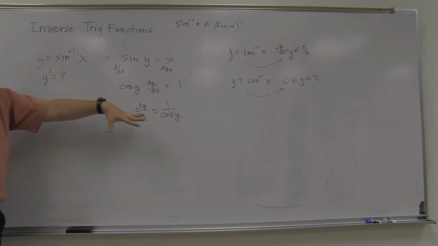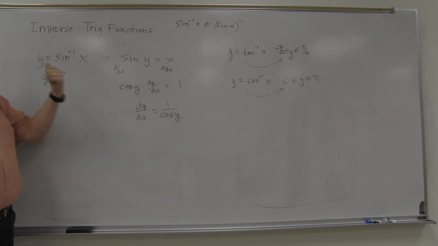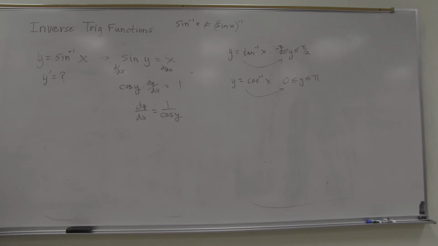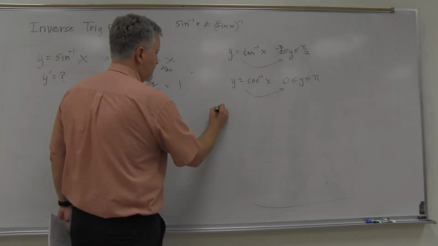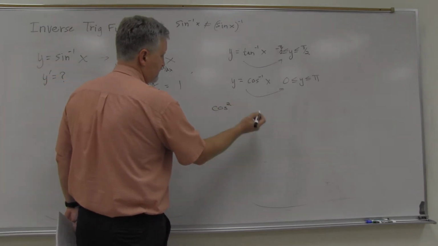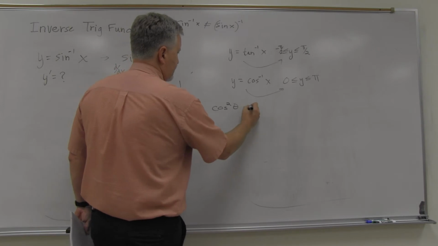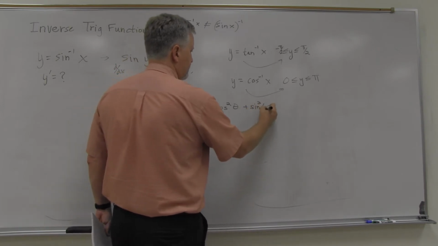So that doesn't tell me a whole lot about what this is. There's a much better form of this, and it's using some trig identities. You know, cosine squared theta plus sine squared theta equals 1.